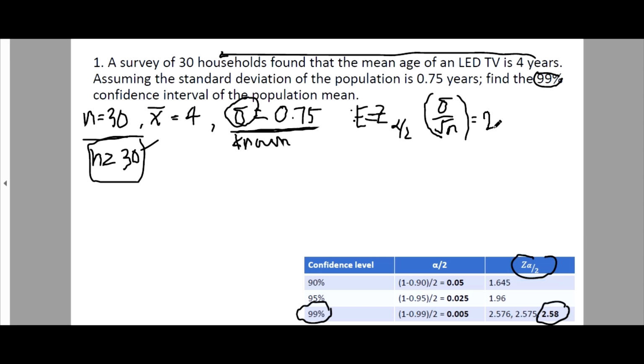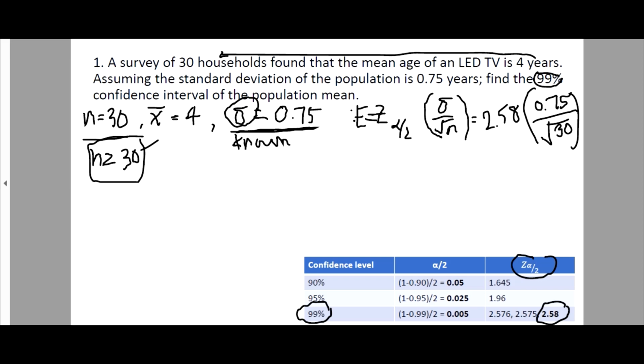Therefore we have 2.58 times our population standard deviation, which is 0.75, divided by the square root of our n, which is 30. Now you can use your calculator: 2.58 times 0.75 divided by square root of 30.